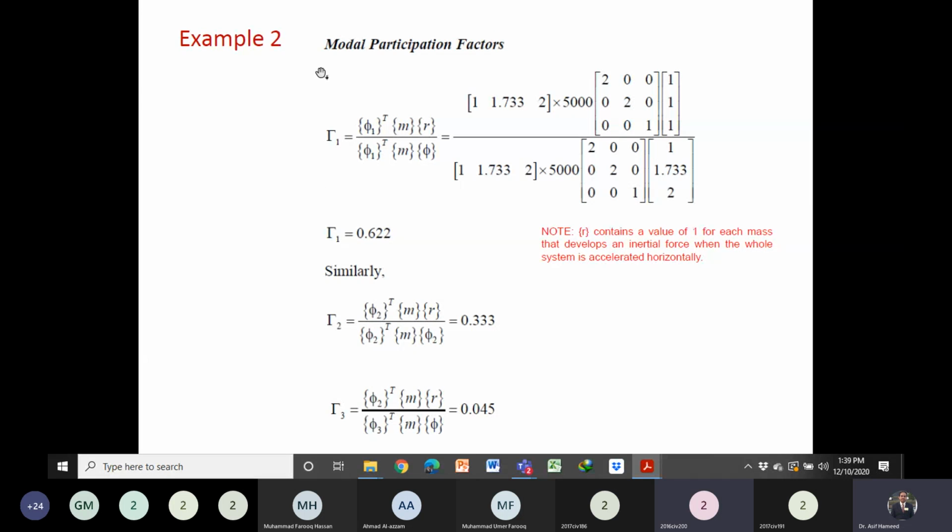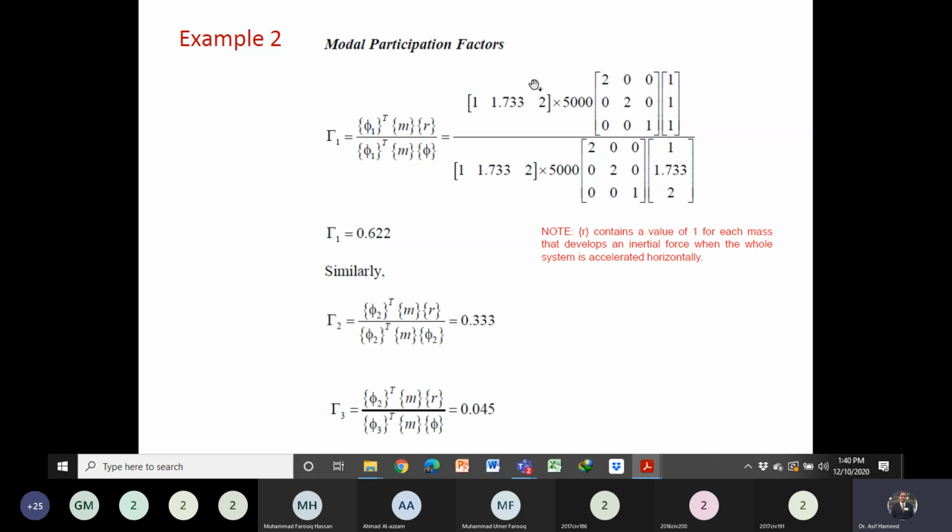So we have the vertical member here, horizontal member here, mass maybe here, some mass at this position. And this mass can move in the horizontal direction. This mass cannot move in the horizontal direction. It can suppose only move in the vertical direction. So if the lateral force is acting, this mass will have the inertial force in this direction, but this mass will not have the inertial force in the direction of the force.